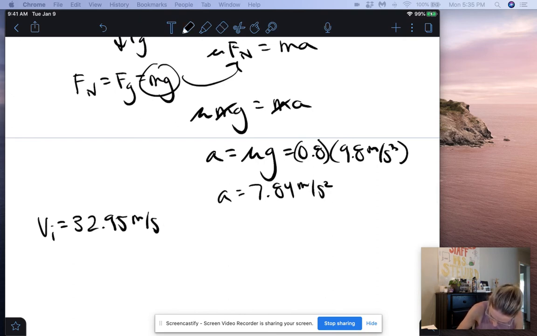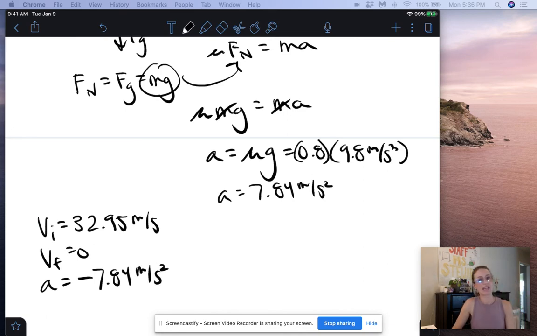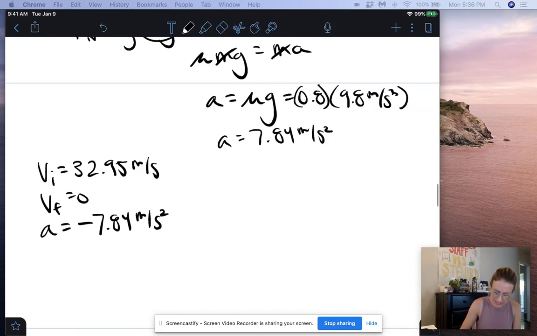Our final velocity is 0. Acceleration is a negative 7.84 meters per second squared. And again, I know that's negative because I know that I'm slowing down, and I called initial velocity positive. So remember, when velocity is positive but acceleration is negative, then we slow down.